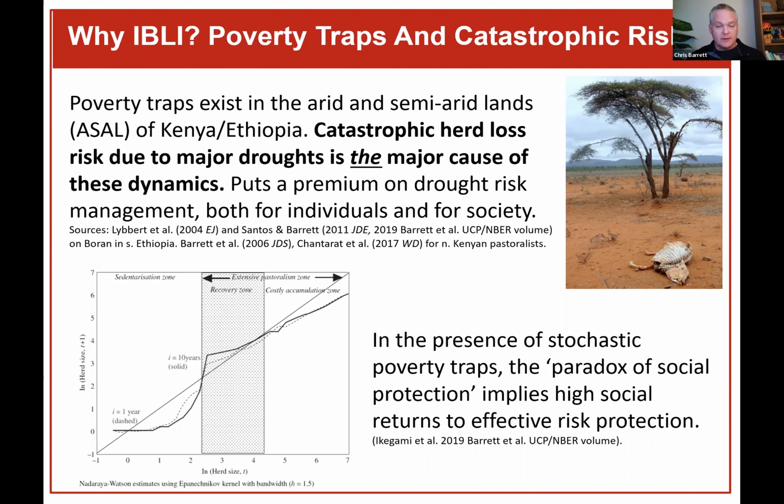The picture you see on the right is a fairly typical view of fairly degraded rangelands where there's just not much grass available, and so you find dead cattle carcasses.